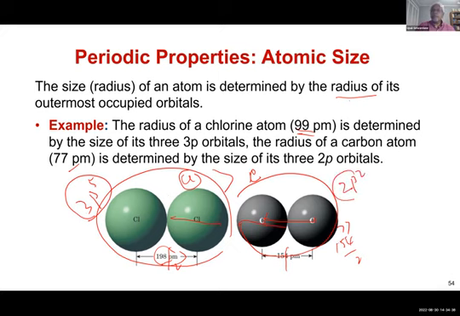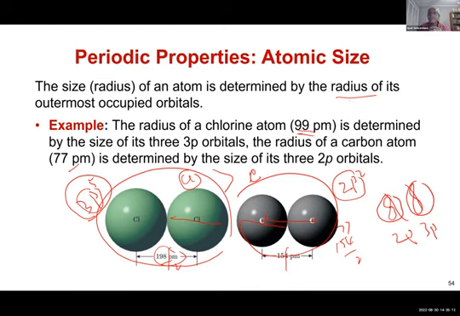If you look at these sizes, 3p is larger than 2p. Didn't we say that as the shell number increases, the larger they become? Therefore carbon has a smaller size.